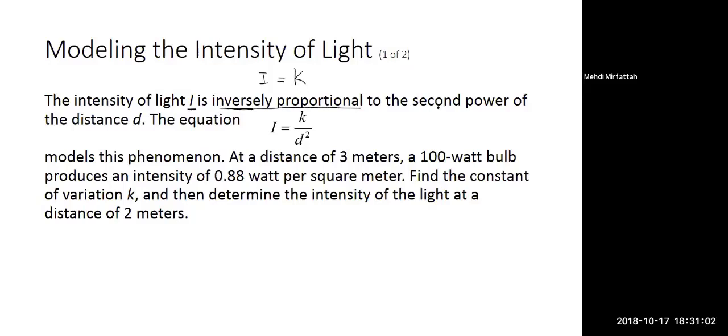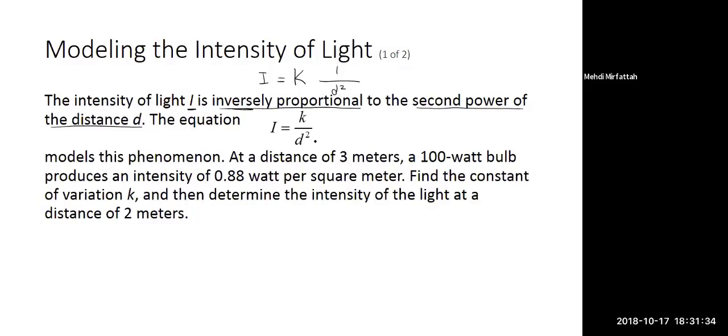Inversely proportion to what? Whatever it is, I have to go to the bottom of the fraction now, because it's inverse. Inversely proportion to the second power of distance d means d squared. So we set that up: I varies inversely with d squared. So we put I is equal to some factor k times 1 over d squared. That's why we get I is equal to k over d squared.